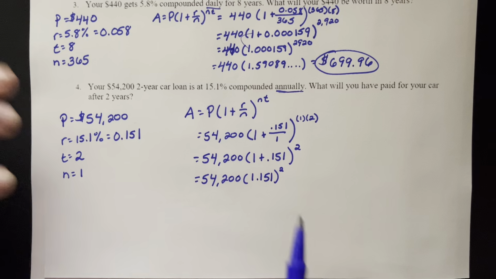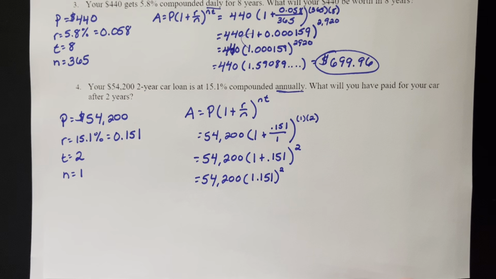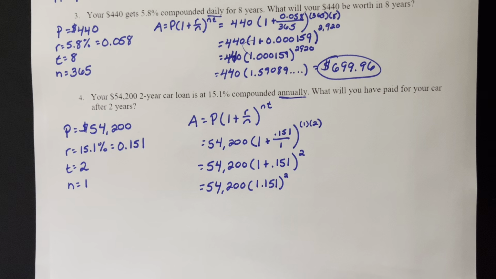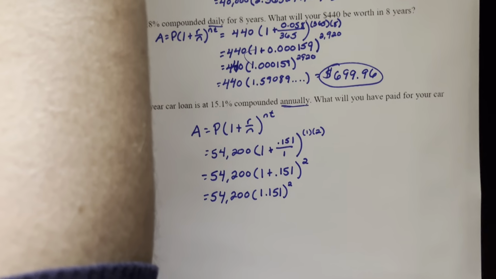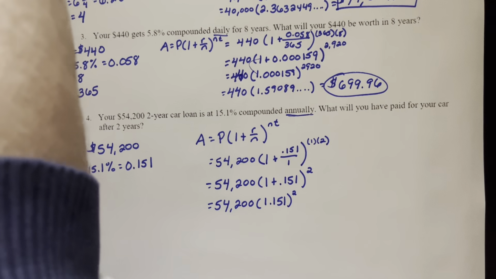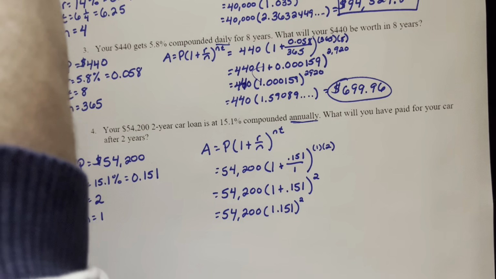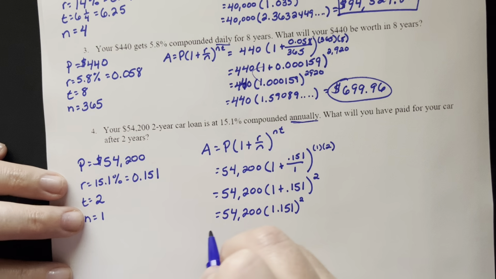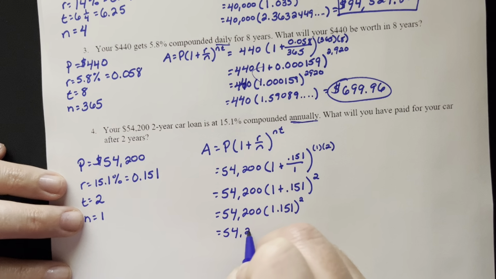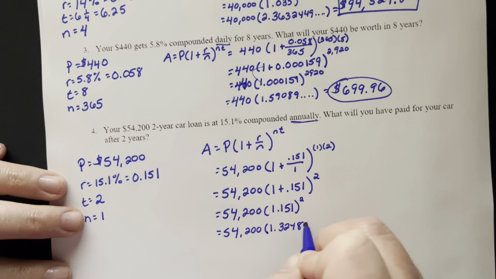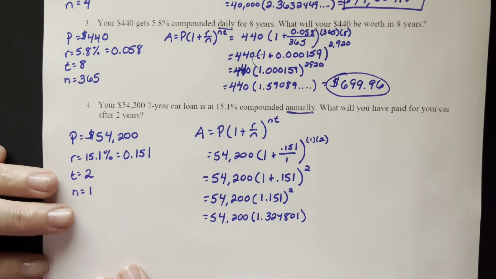We do the squared first, so 1.151 squared. No, I think I did that wrong in my calculator. All right, pause. 1.151 squared gives us 1.324801, and that truncates, it stops.